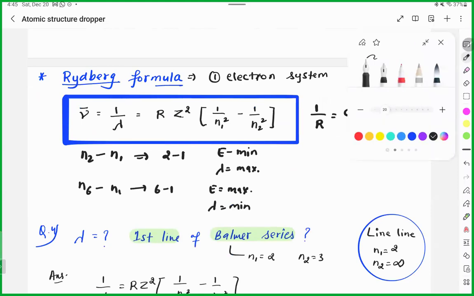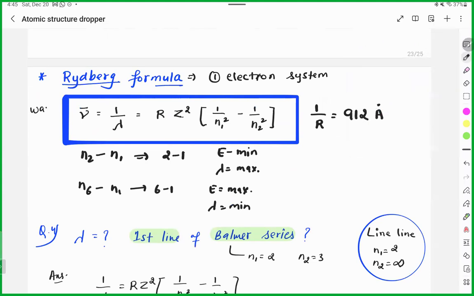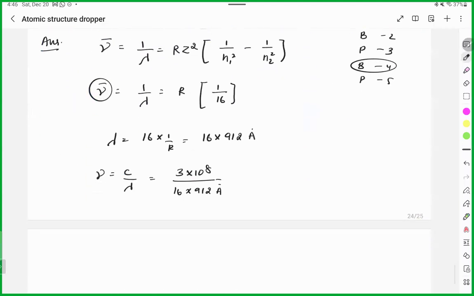By the way, nu bar is the wave number. So here you need to know the meaning of first line, the meaning of last line, and the meaning of Lyman, Balmer, Paschen, Brackett, Pfund series. That's all.